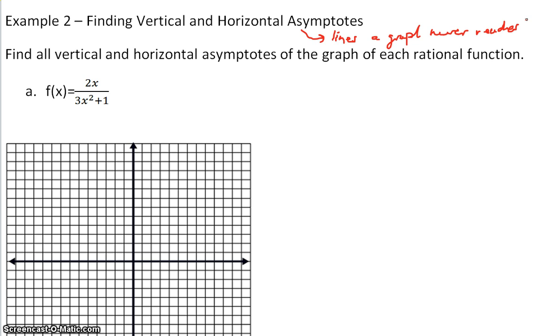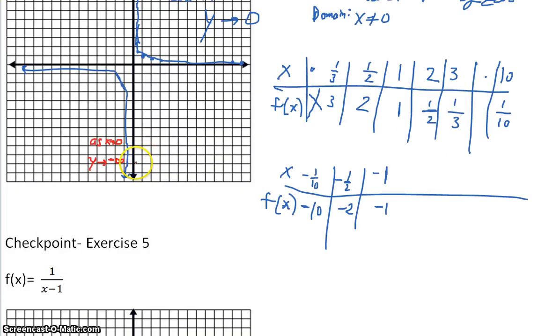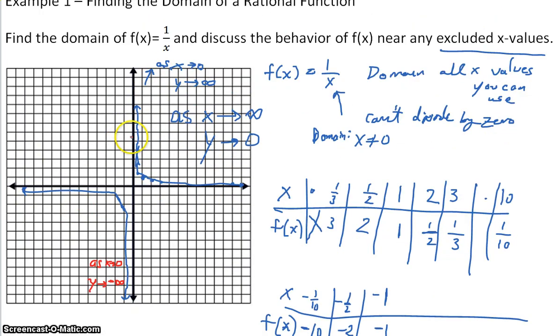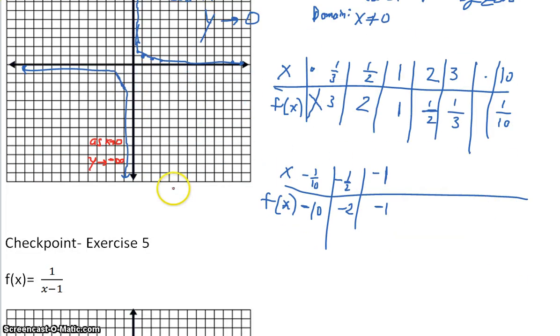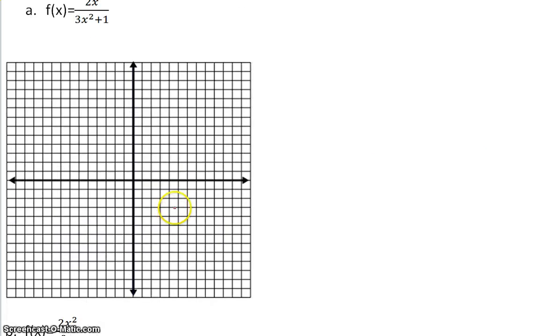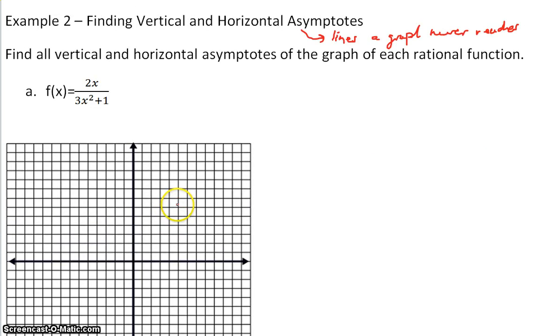Well, if we look at this previous graph, you can see that this line never hits the y-axis or the x-axis. Those are lines that the graph never seems to reach. Okay? And when you talk about lines that a graph never reaches, those are called asymptotes.